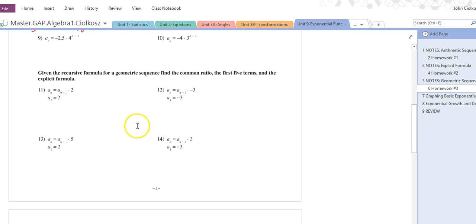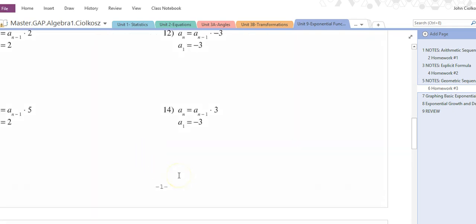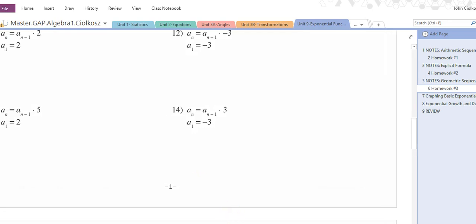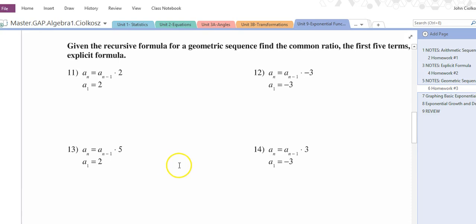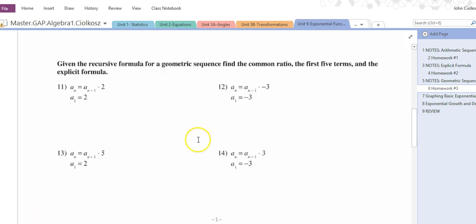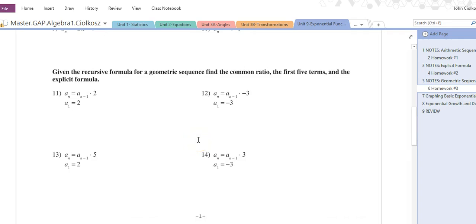Here we're working a bit backwards, so we'll go ahead and do one of these together. You know what? Let's go ahead and skip these. So we're going to skip 11, 13, 12, and 14.